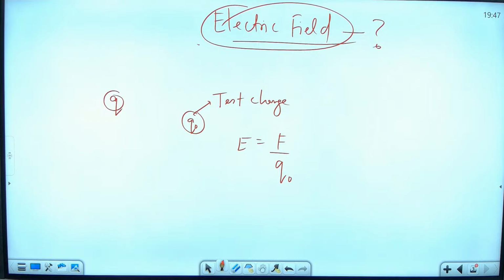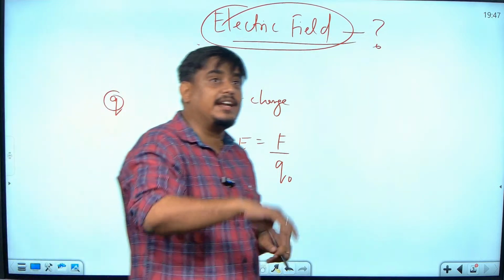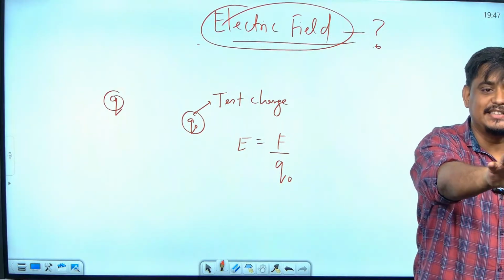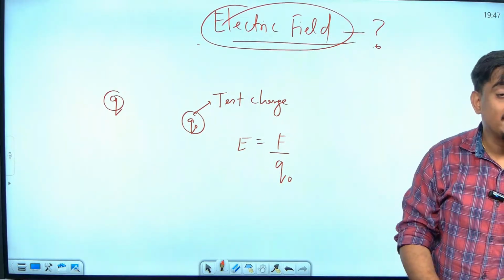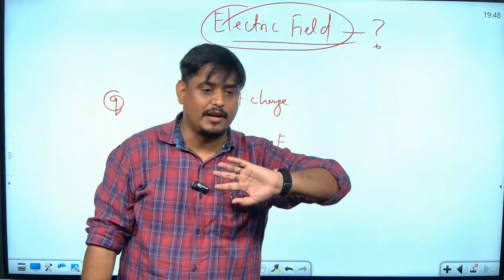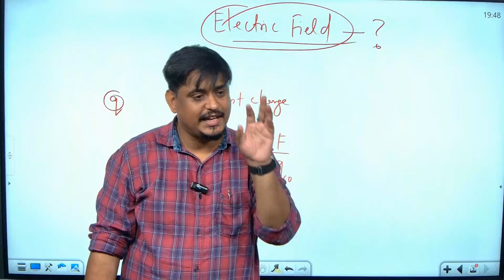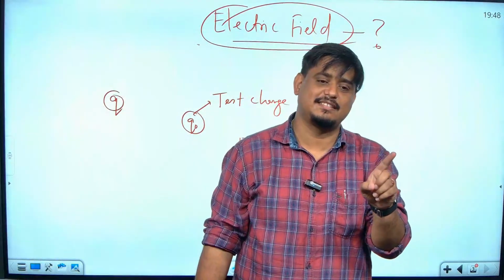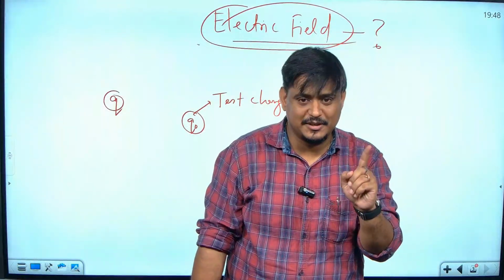So whenever we talk about electric field, it is for a particular point. It is not general. 10 coulomb of charge cannot have a 100 Newton per coulomb of electric field. No. It can have any value based upon its distance. Are you understanding my point?